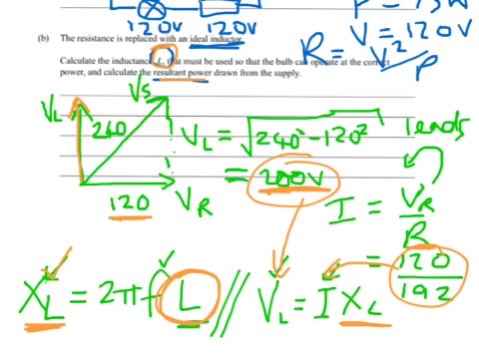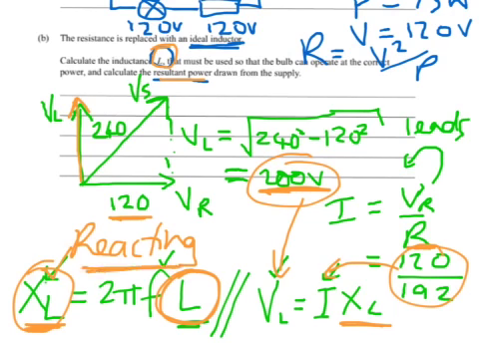The idea of reactance is that it's reacting to what's already in the circuit. It's not a primary event, it's a secondary event. The primary event is the power supply and the resistor, which is operating in that kind of initial, if you like, controlling phase direction.